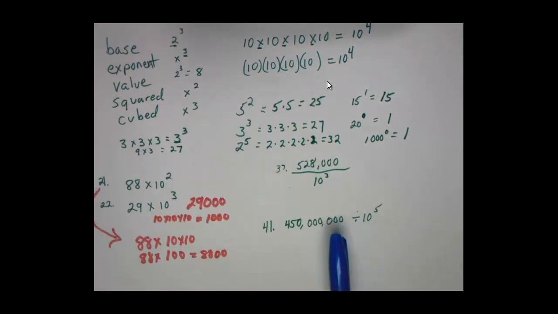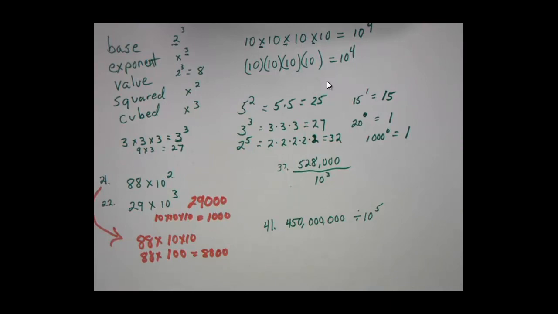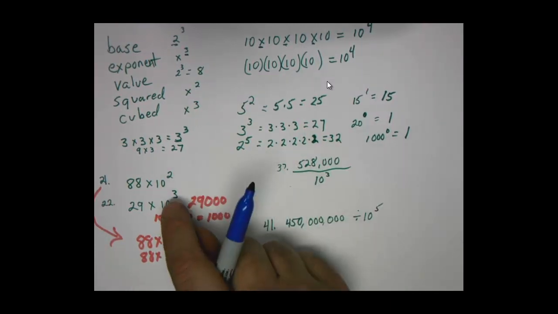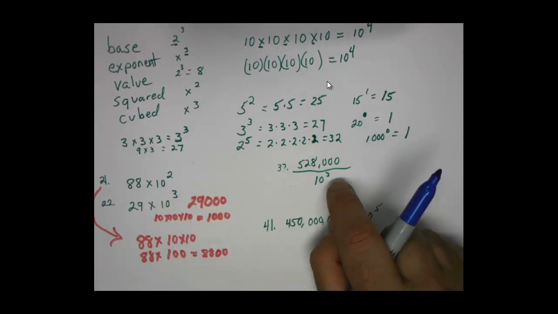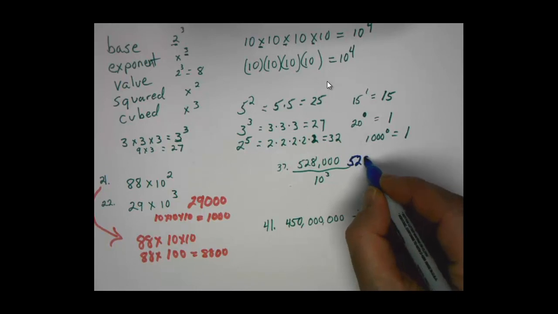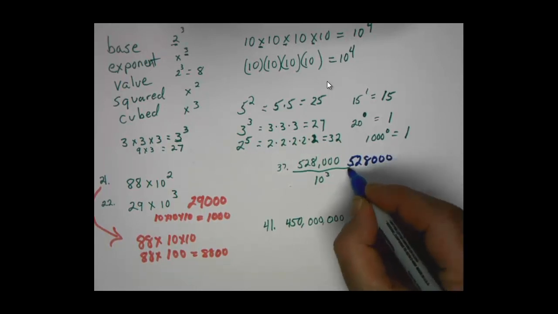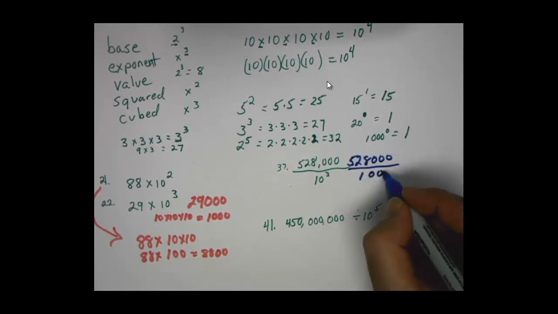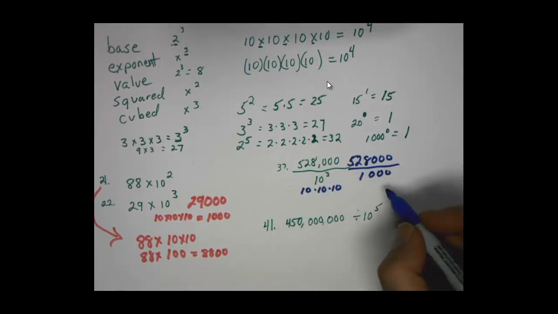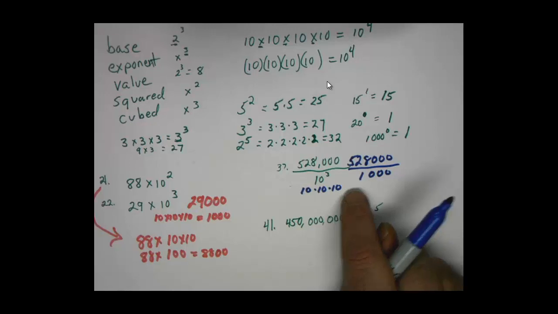Over here, when you get to problem number 37, we're now doing division. We were multiplying a minute ago, now we're dividing. When we multiply, numbers get bigger. When we divide, they get smaller. So we can rewrite this problem then as 528,000. We're dividing by 1,000 because 10 times 10 times 10 gives us the 1,000, 3 zeros.